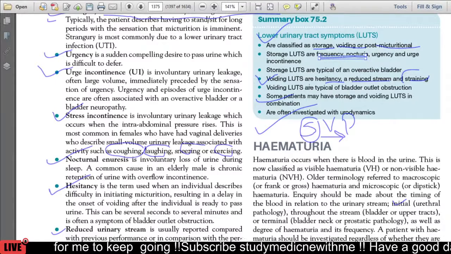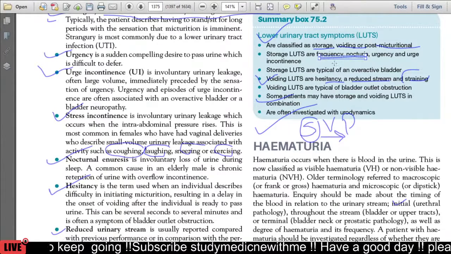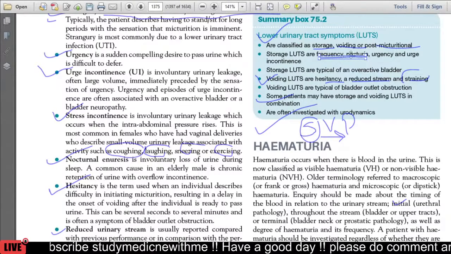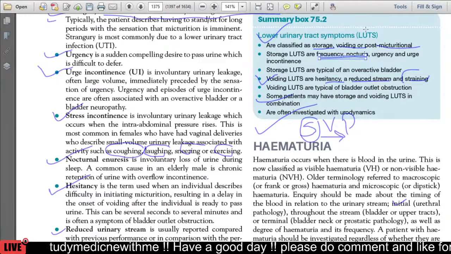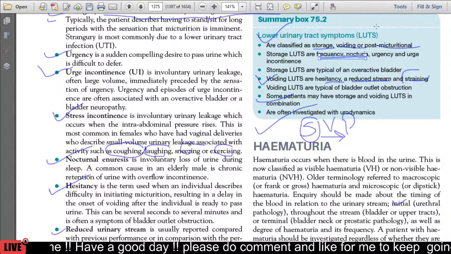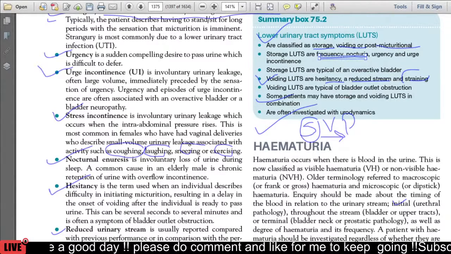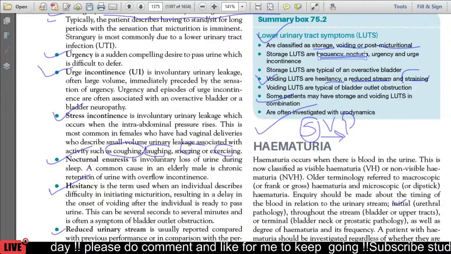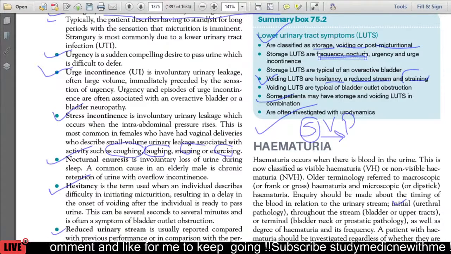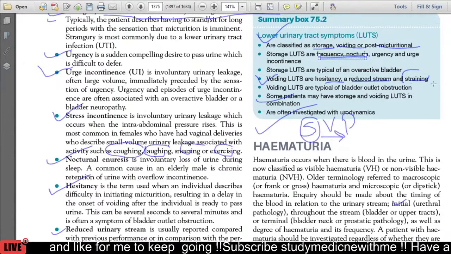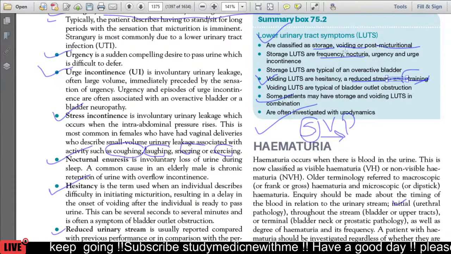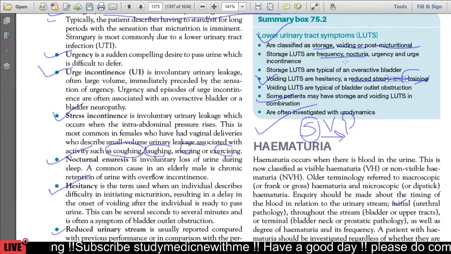And voiding includes hesitancy, reduced stream and straining.